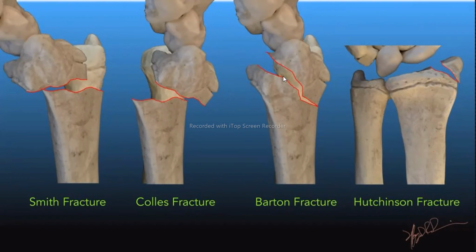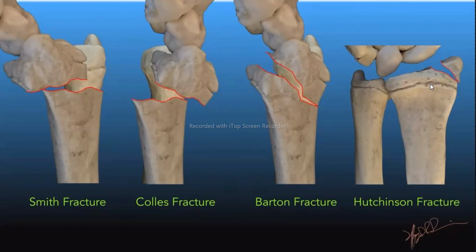Any articular injury will cause bone marrow to go outside easily. So this one is called Barton fracture.